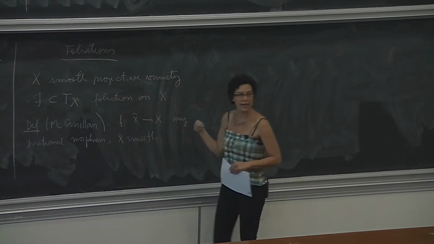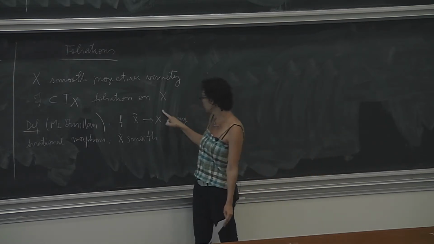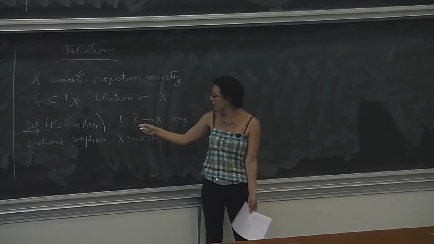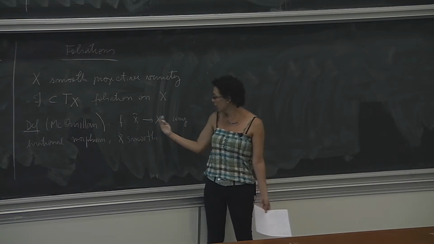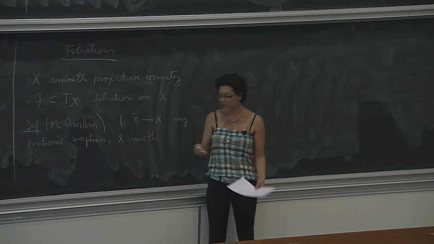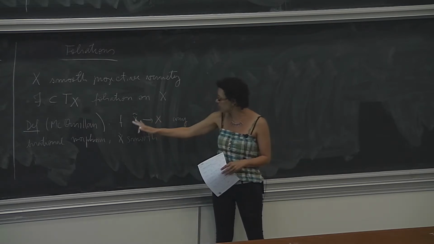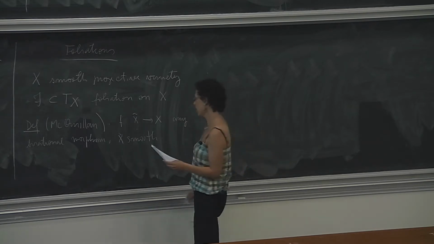And again, as I said in my first lecture, if you have a foliation on X, there is a unique way to obtain a birationally equivalent foliation on X tilde. You just look at the open subset where there is an isomorphism. You take F in this open subset, and then you extend it in the unique saturated way.